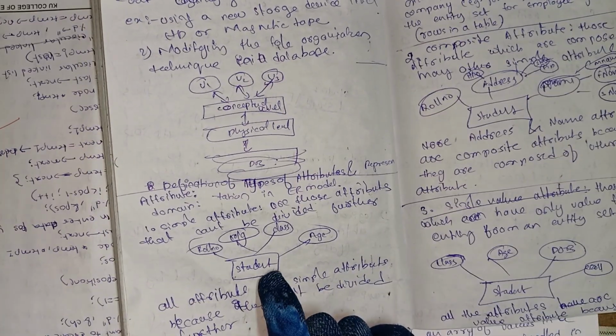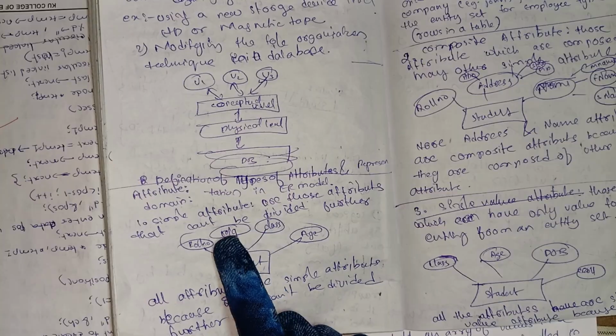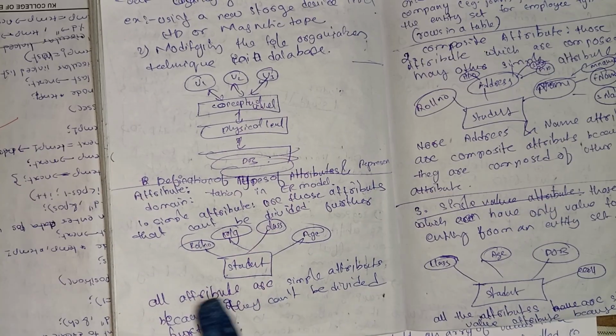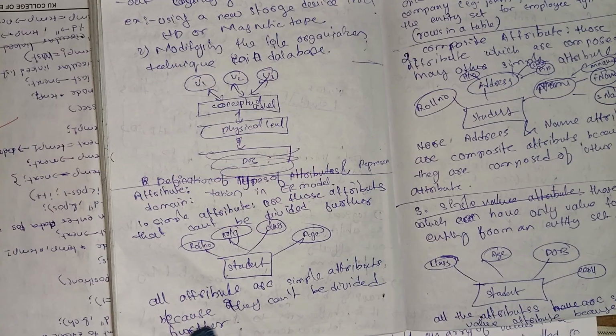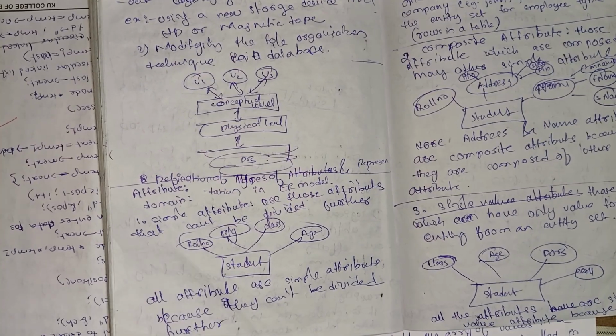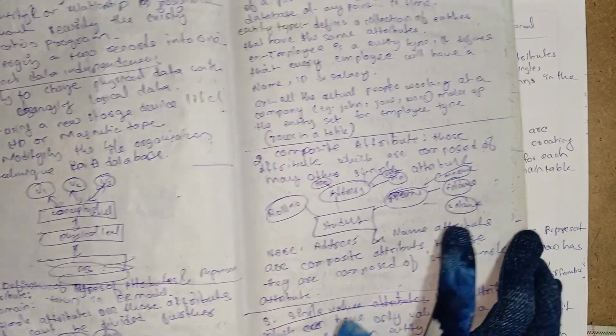Here student is an entity and these are all attributes: age, class, college and roll number. All are simple attributes because they can't be divided further. For a student we can't divide age, and we can't divide class, and we can't divide college, and roll number also.